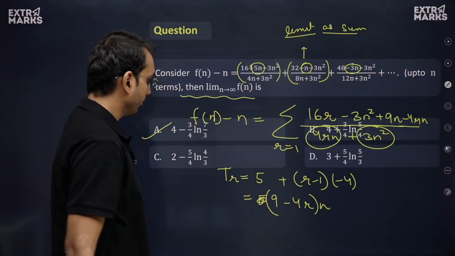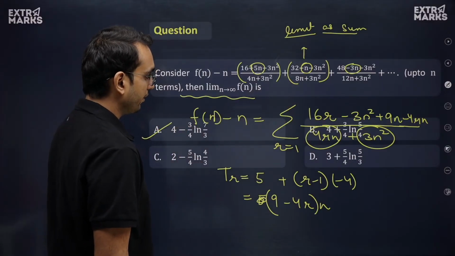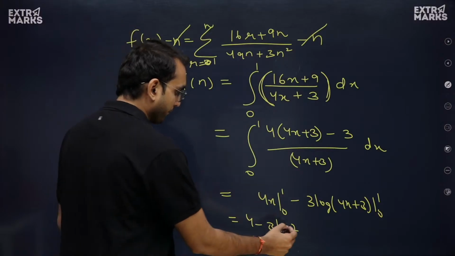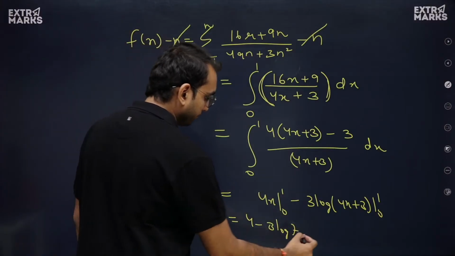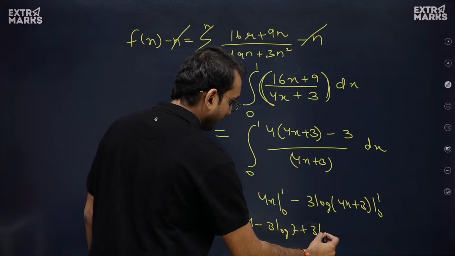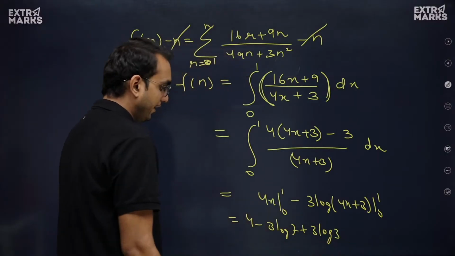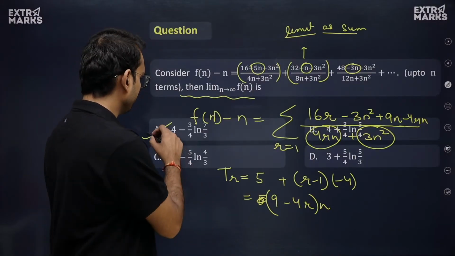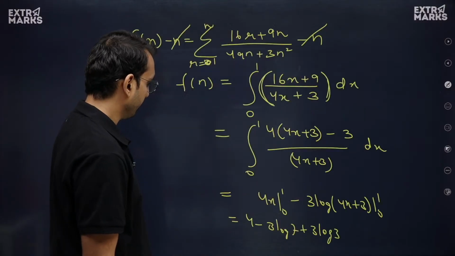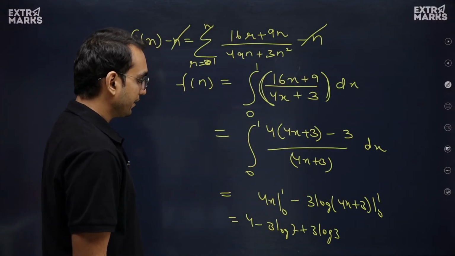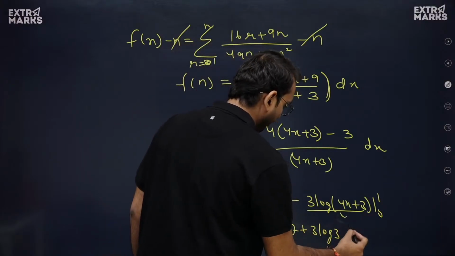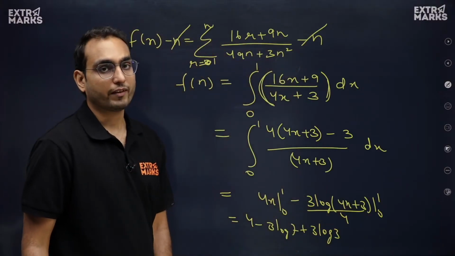So minus 3 log 7 plus 3 log 3. So minus 3 log 7 by 3 is the answer, right? We also have to divide by 4, because the coefficient of x is 4.